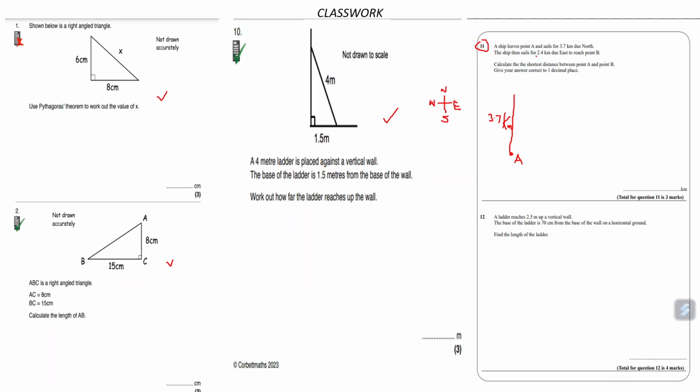The ship then sails for 2.4 kilometers due east. Due east, we are taking this way.